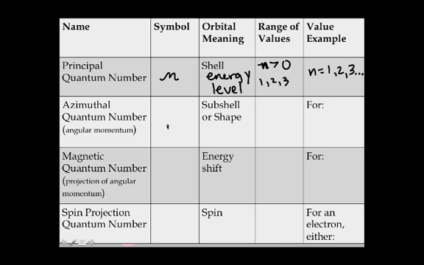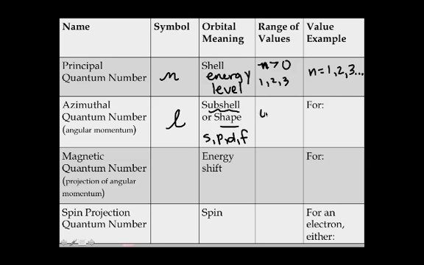And the azimuthal quantum number has the symbol L, and it's defining our subshell. So within that shell, we want to know what shape it has, like S, P, D, or F. The range of values for L is pretty straightforward.